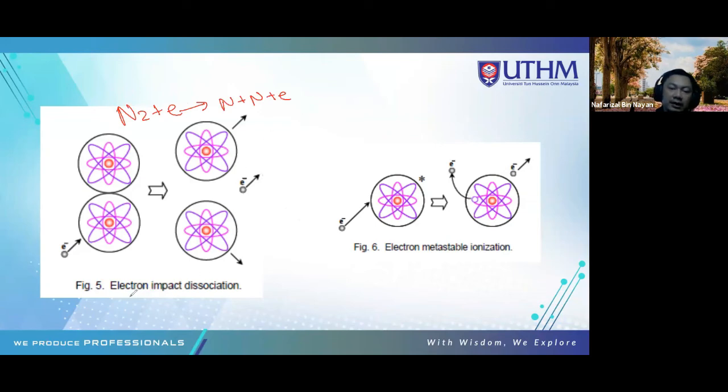So this is what we call electron impact dissociation. I can also have electron metastable ionization. For example, I have one atom at the excited state, as mentioned here. So for example, I have argon metastable at the excited state. I hit it with the electron, and then I can get argon ion plus 2 electrons. So this is what we call electron metastable ionization.